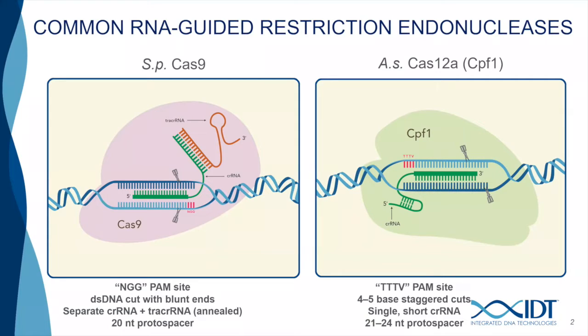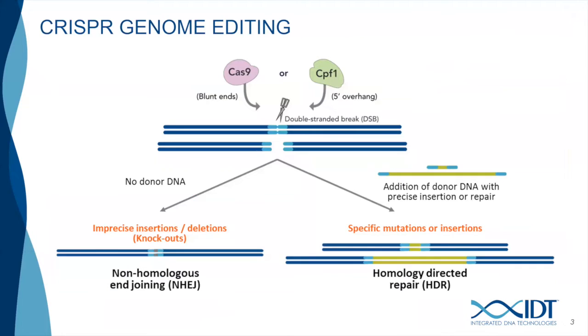Whereas Cas12a recognizes a TTTV PAM and makes a staggered cut, and this is a much shorter complete guide RNA oligo or molecule, ranging in the 21 to 24 nucleotides for the specific protospacer sequence, and this ends up being about a 40 nucleotide complete RNA molecule. So these are the two main systems that we study and are most widely used in the field. And so the analysis tool I'm going to discuss today supports both applications with either Cas9 or Cas12a.